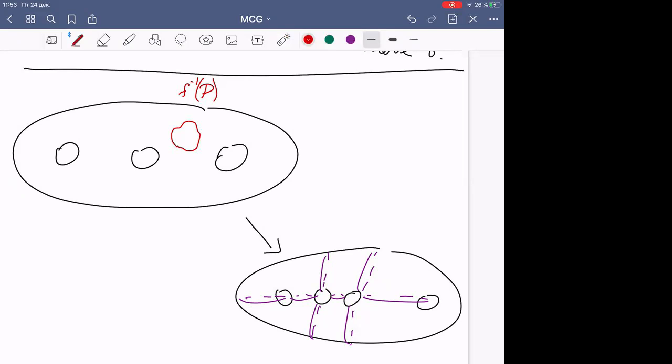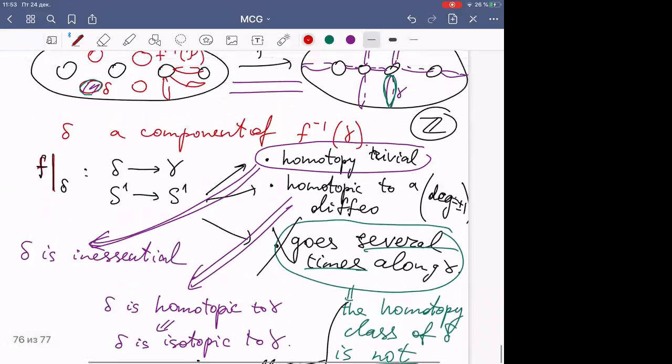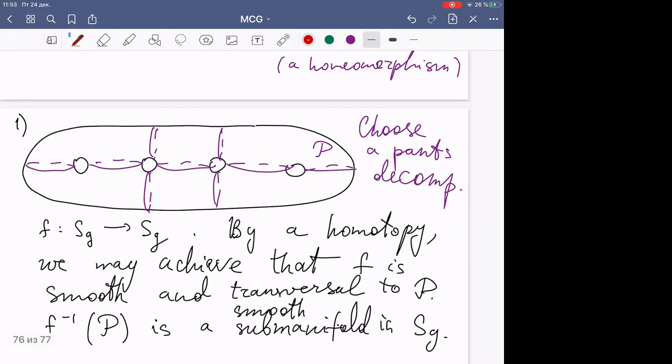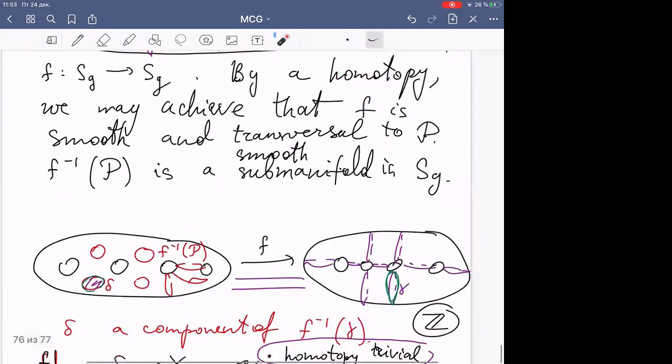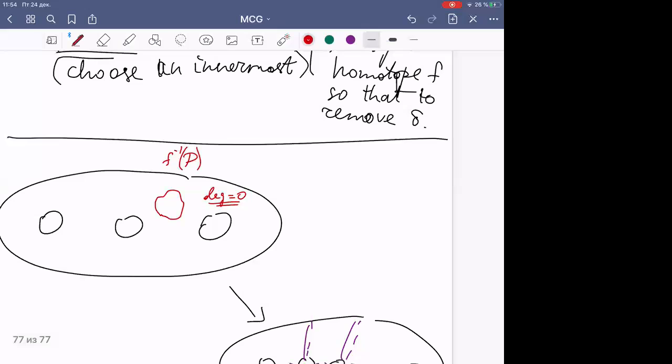So suppose that here is degree 0. But then, since we know that our f is a homotopy equivalence, there exists a homotopy inverse.